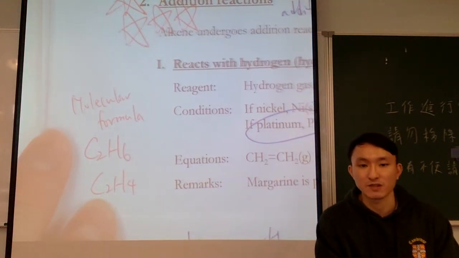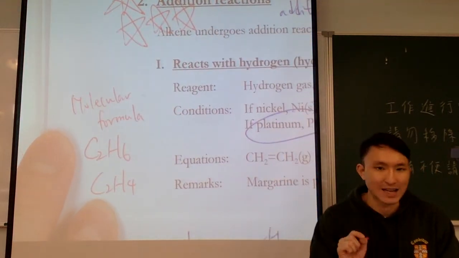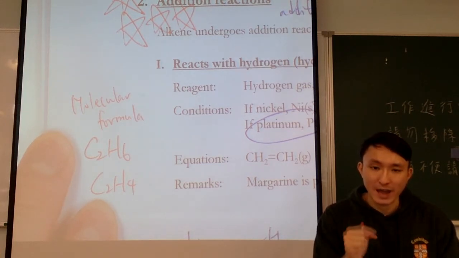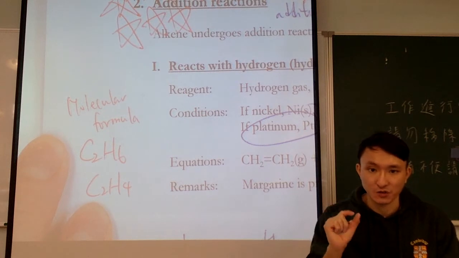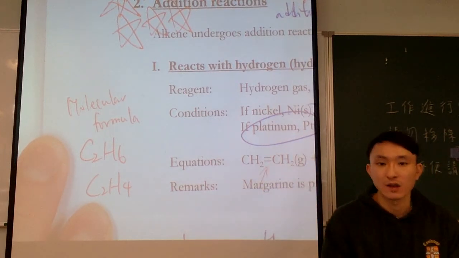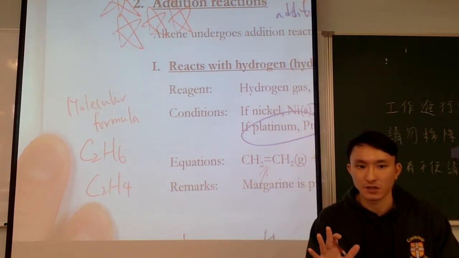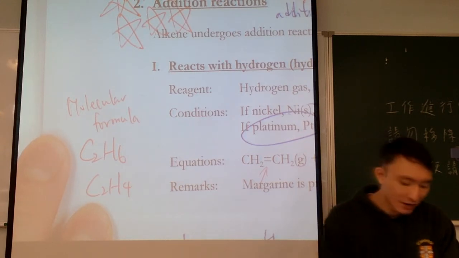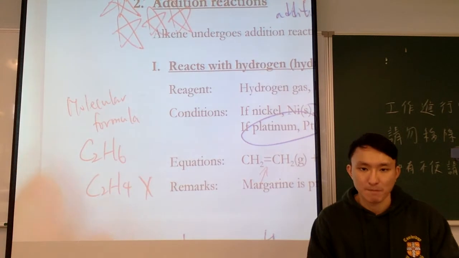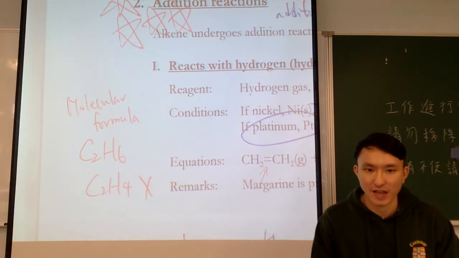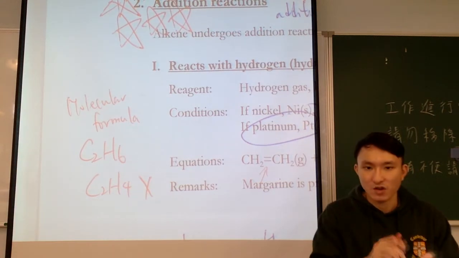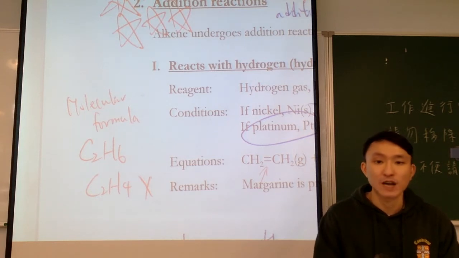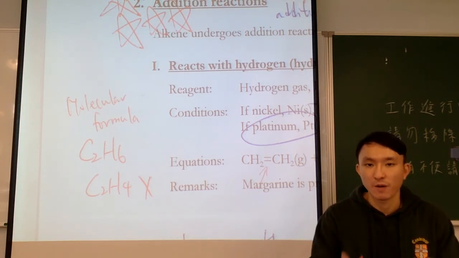Before, you may have used this to write the equation, but in organic chemistry, especially starting from now, whenever we have functional groups, we cannot use molecular formula. So please build up a habit such that starting from now, when you are writing chemical equations involving organic compounds, try to use structural formula.